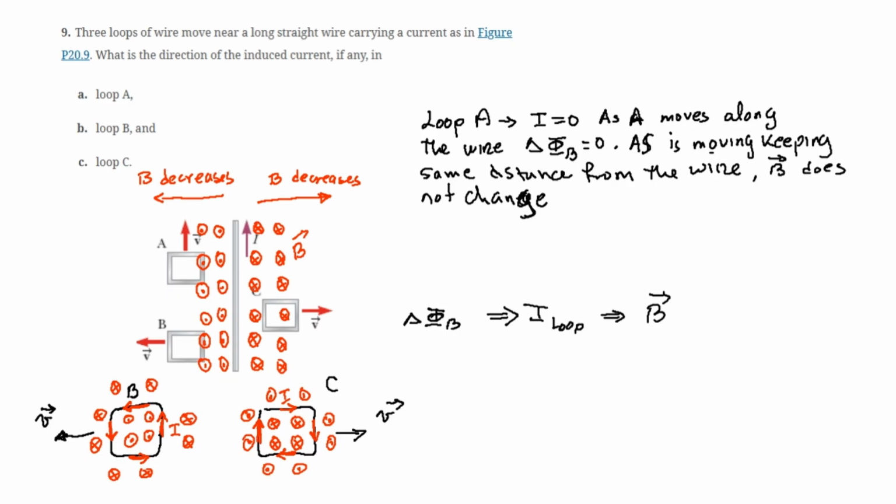And the change was a decrease, so the induced current generates a magnetic field that counteracts that decrease. This is another very interesting problem where we don't solve anything numerically, but we have to analyze how the magnetic field changes and in what direction the current will flow when we move the loop.